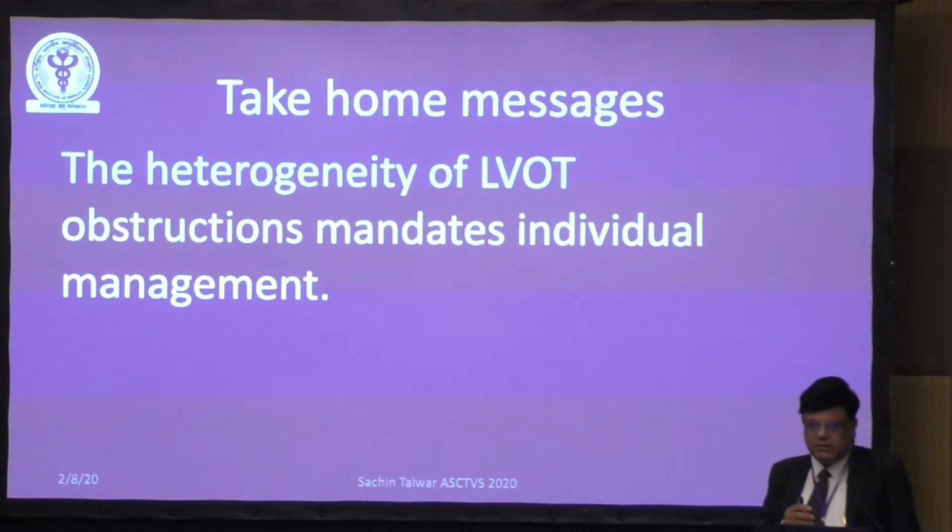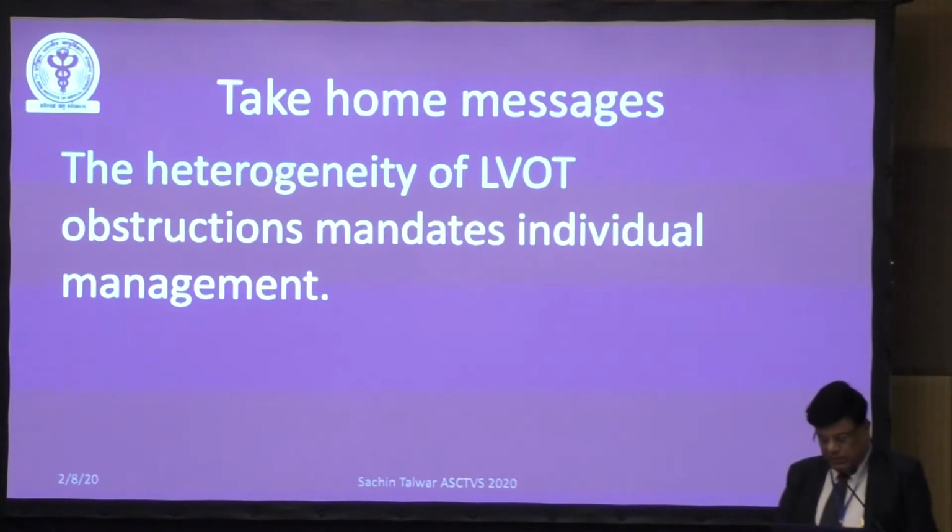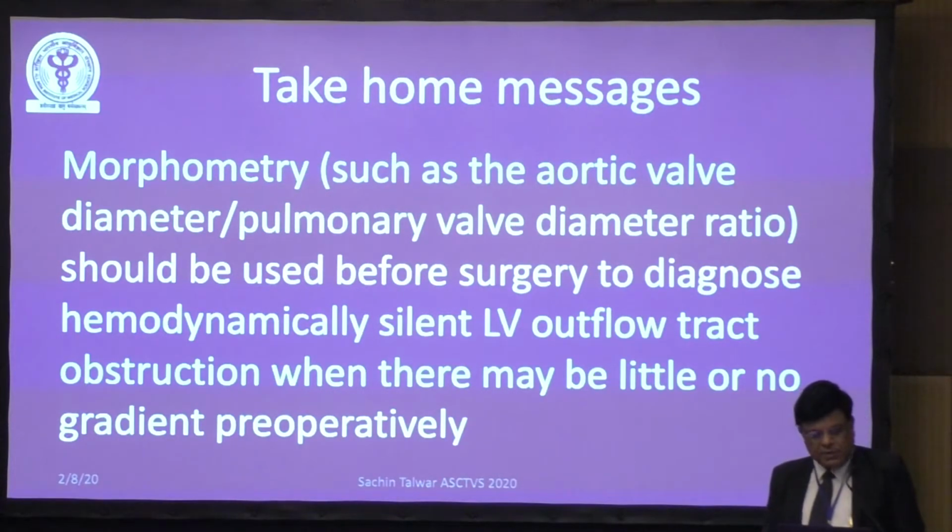So take-home messages from this presentation are that the heterogeneity of the LVOT obstructions mandates individual management as per the anatomy, and then morphometry should be used before surgery to diagnose hemodynamically significant LVOT obstruction when there may be little or no gradient pre-operatively, and it may appear post-operatively.